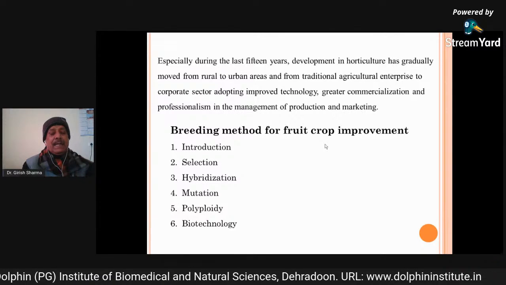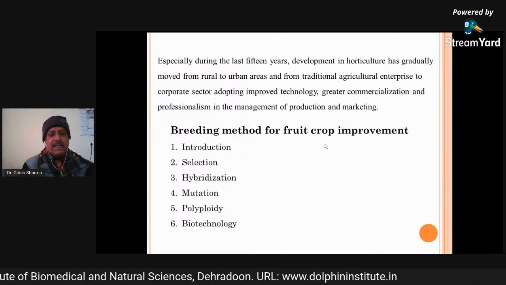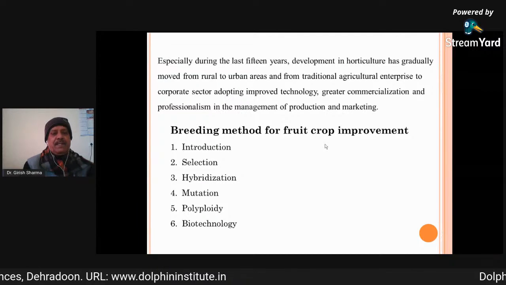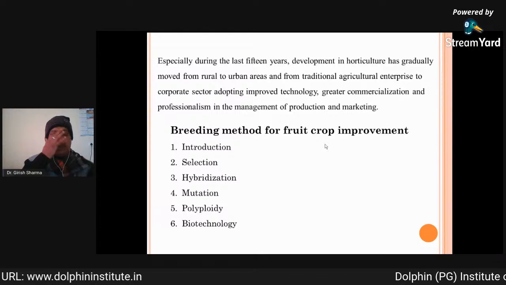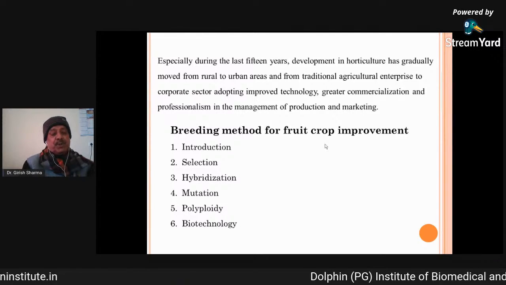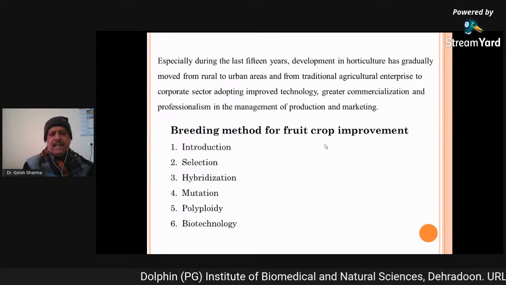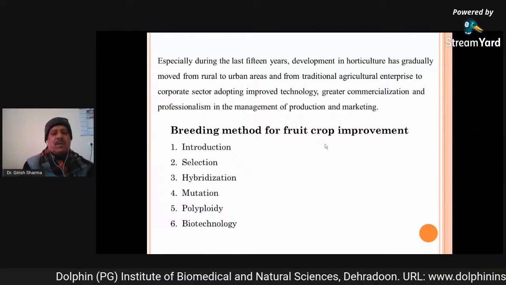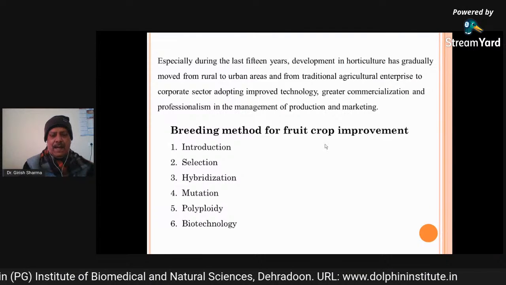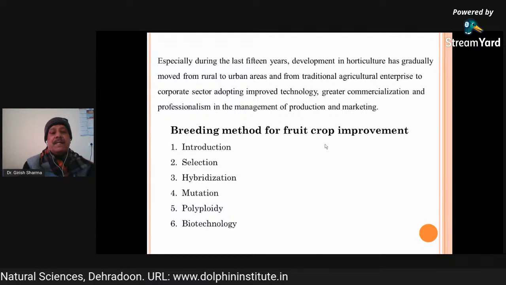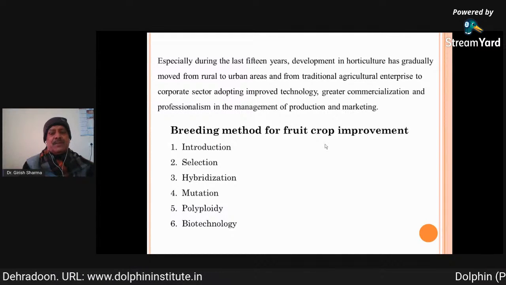Based on the characterization, as said in the selection or introduction process, suitable types are selected as donor and recipients, and then they are crossed with each other, and the resultant seed is collected and then grown.